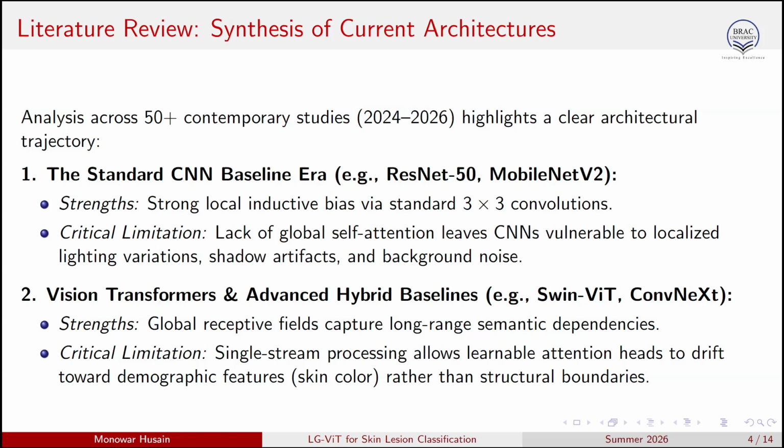Conversely, vision transformers and advanced hybrid baselines such as SwinViT and ConvNeXt successfully capture global dependencies. However, their single-stream processing still allows learnable attention heads to drift heavily toward skin color rather than structural boundaries.